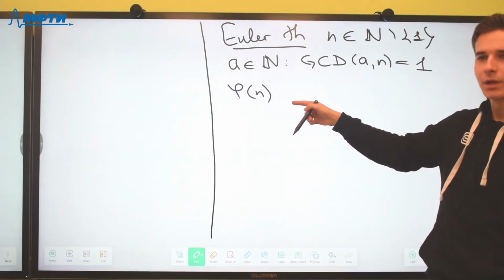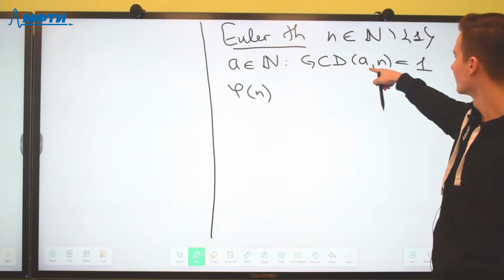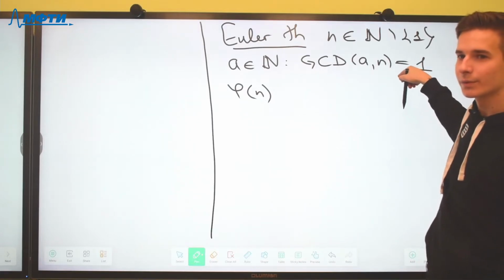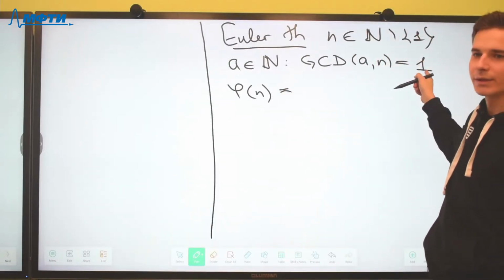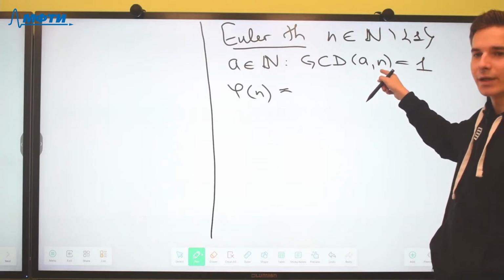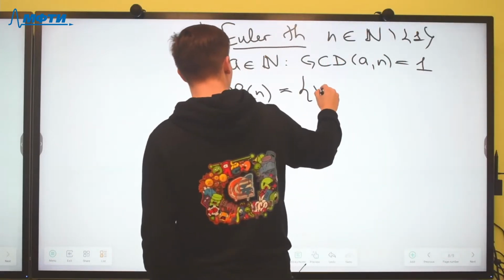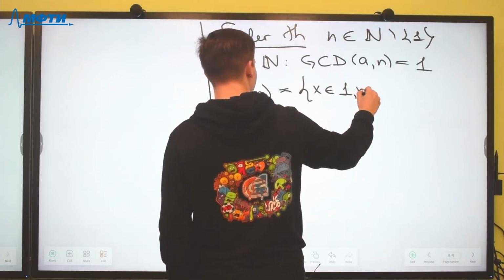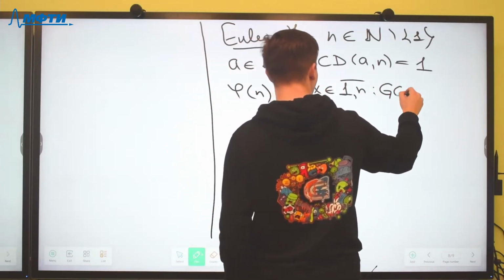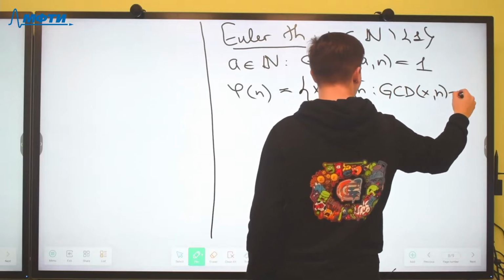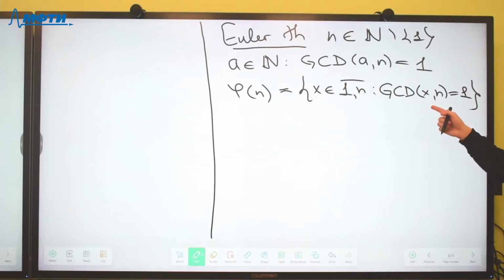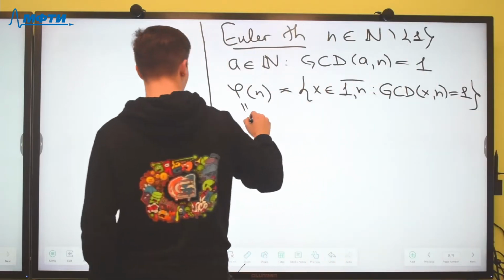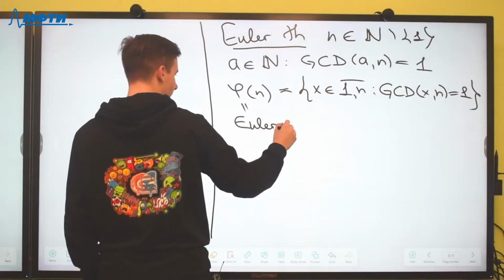Numbers such that they had only one as common divisor with n. It is the count of x from 1 to n such that the common divisor between them equal to 1. It's the Euler function.